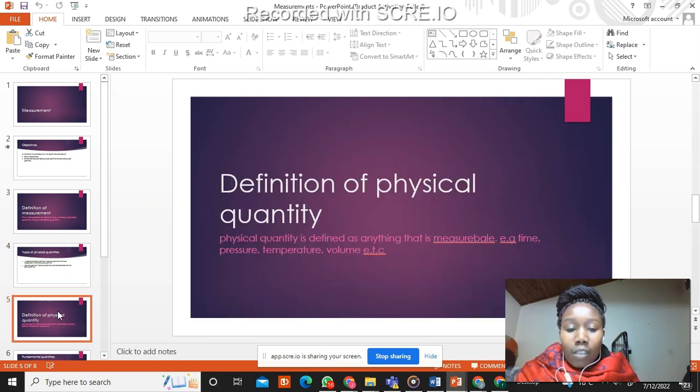We are going to define what a physical quantity is before we move forward so that you can understand. A physical quantity is anything that is measurable. Examples are time, pressure, temperature, volume, even density, etc.